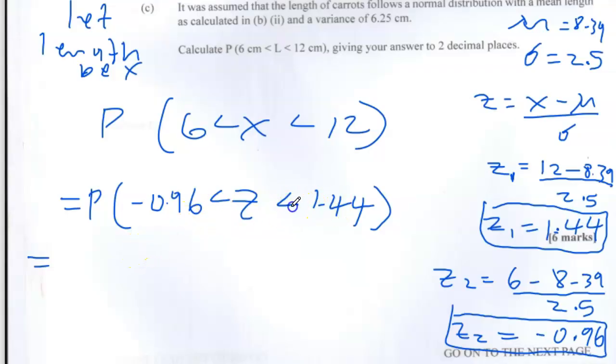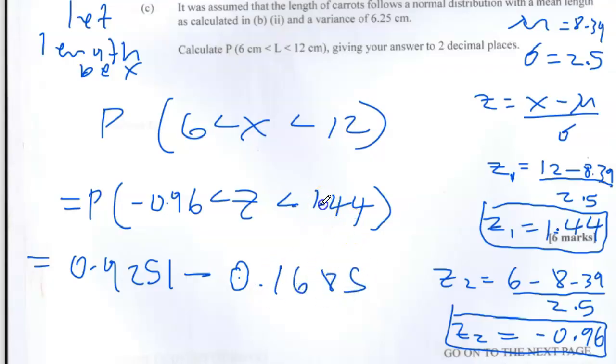For the table, we look for the probability z is less than 1.44, and the table should give us 0.9251. Then minus the probability for z less than negative 0.96, which is 0.1685.